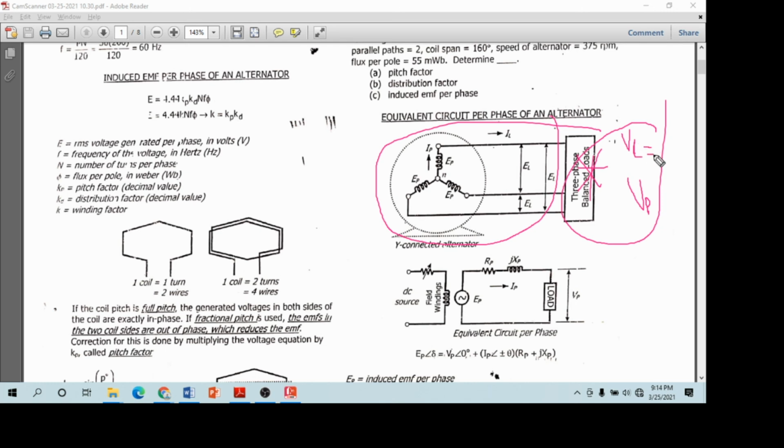I assume EL is equal to VL because when loaded, VL is equal to EL. So don't be confused: VL and VP are on the load side, but your EL or EP is your generator, the alternator side. I hope you understand.